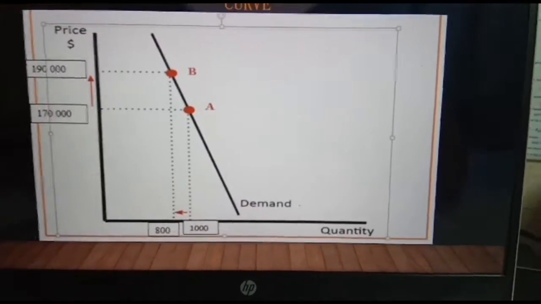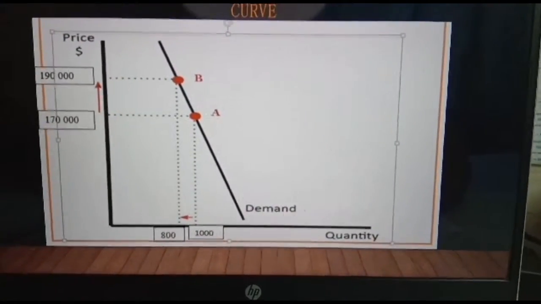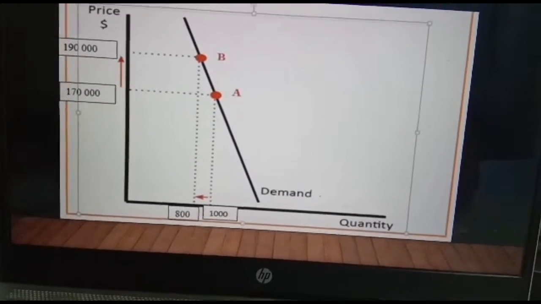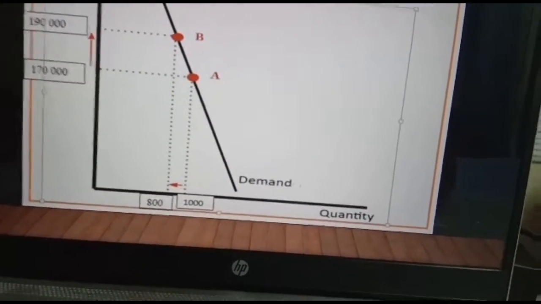Elastic demand refers to the demand when the proportionate change in demand is greater than the proportionate change in price of a product. Practically, relatively elastic demand is known as more than unit elastic demand, so elasticity is more than 1.